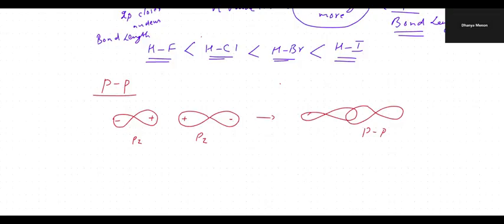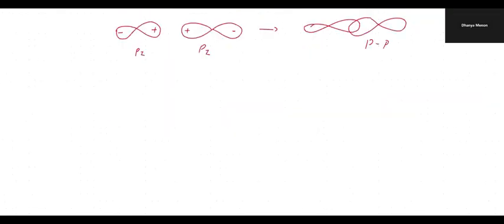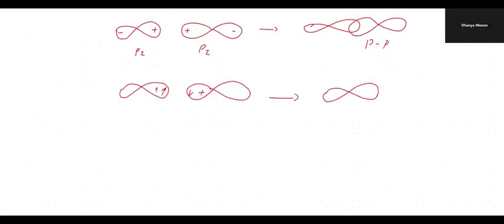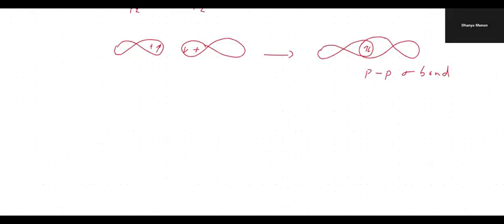For example, if I have an electron with one kind of spin, and this is another p orbital with opposite spin, they will overlap to give you a PP sigma bond. This is the head-on overlap, head-to-head overlap.